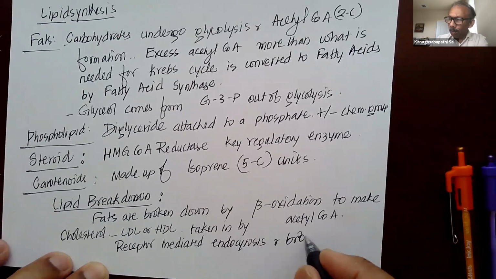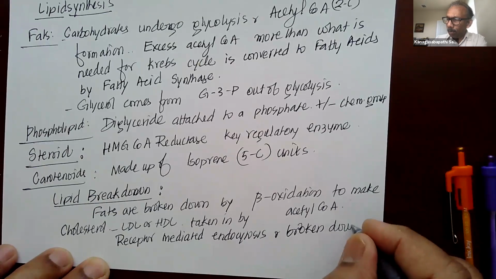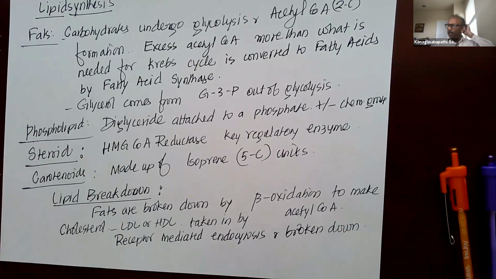There are enzymes that will break down the carbon rings. If you don't have enough receptors to take in this cholesterol, you tend to have a high blood cholesterol level. That's based on some genetic aspects.